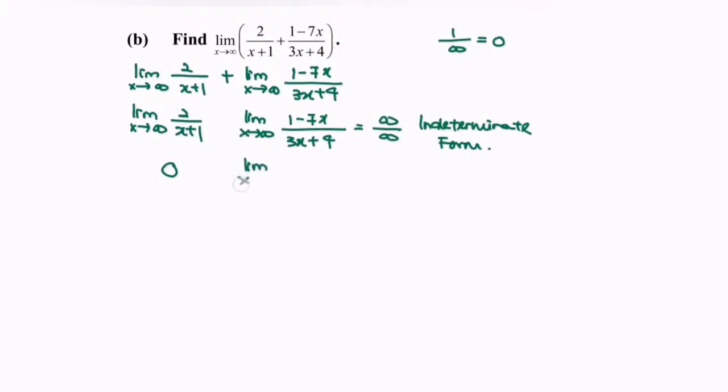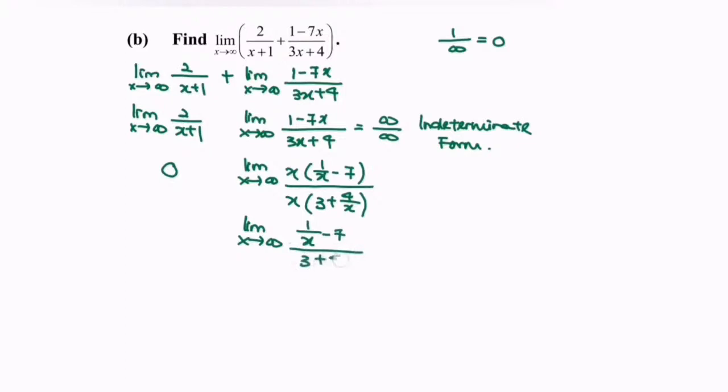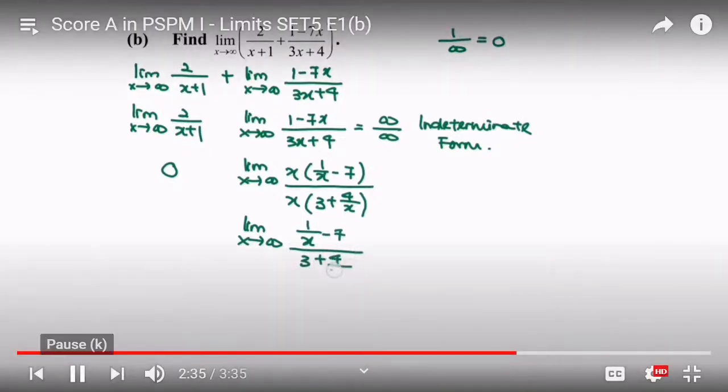So limit when x approaching infinity, we have x bracket 1 over x minus 7 over x, multiplied with 3 plus 4 over x. So kindly simplify the situation, and we will have limits when x approaching infinity of 1 over x minus 7 over 3 plus 4 over x.